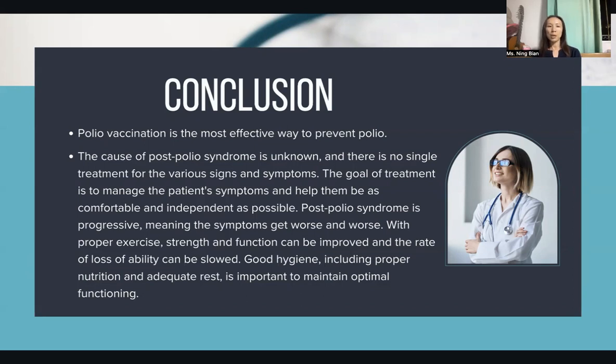Post-polio syndrome is progressive, meaning the symptoms get worse and worse. With proper exercise, strength and function can be improved and the rate of loss of ability can be slowed. Good hygiene, including proper nutrition and adequate rest, is important to maintain optimal functioning.